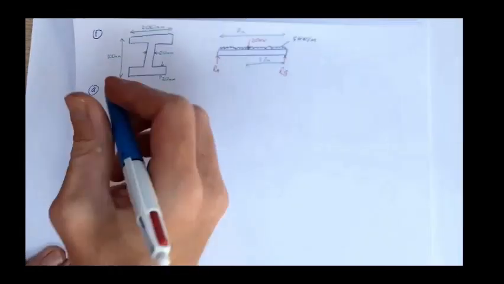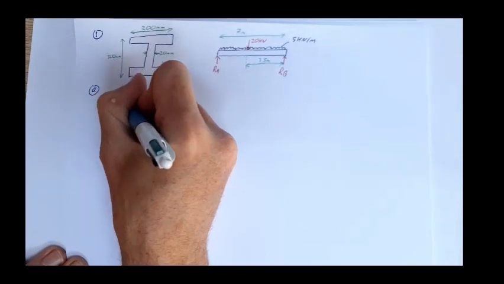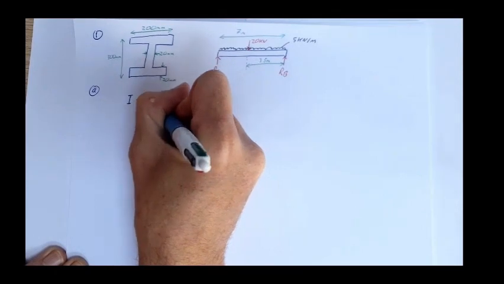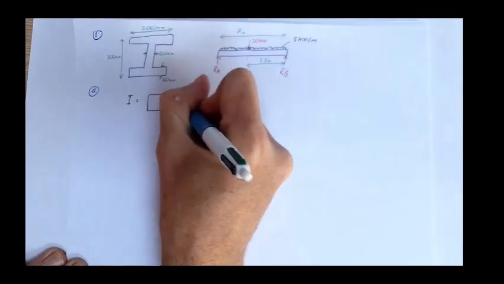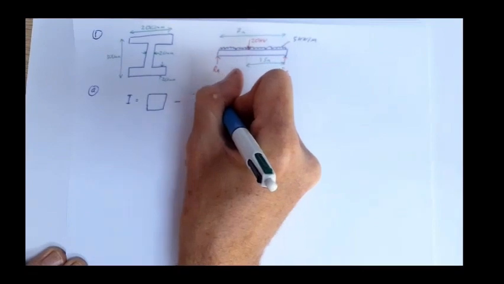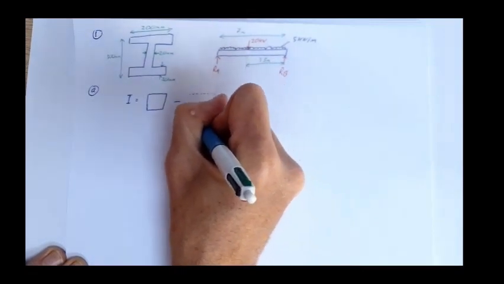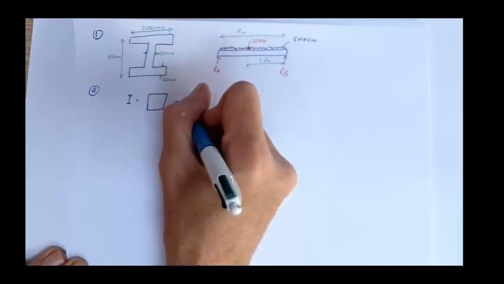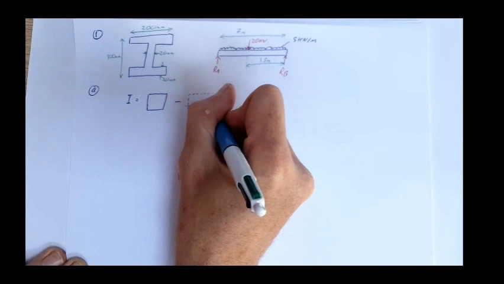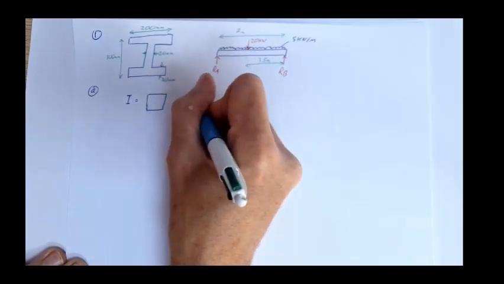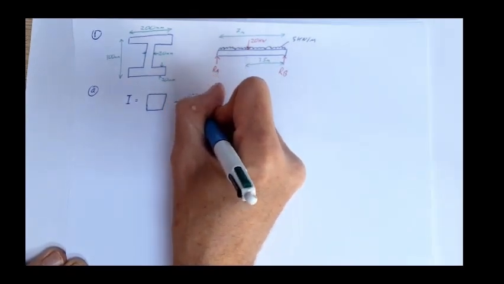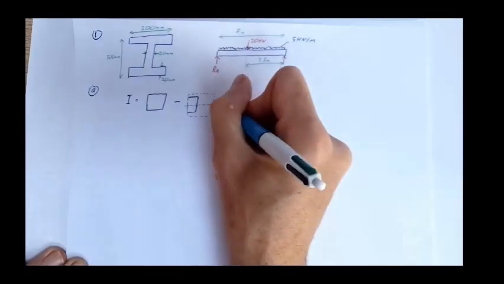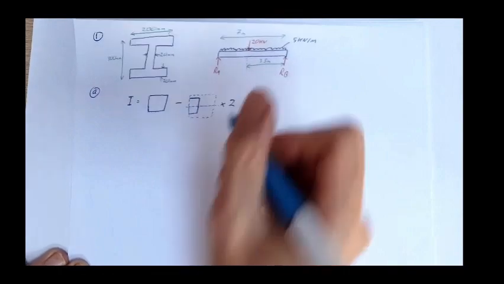So the second moment of area of that section is going to be equal to this section, the outside section, minus this section here, times by two of those.